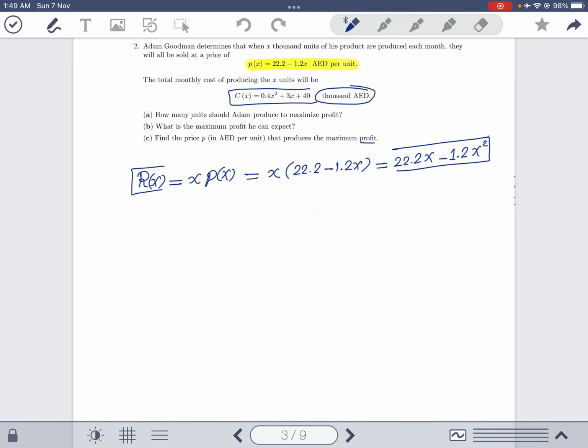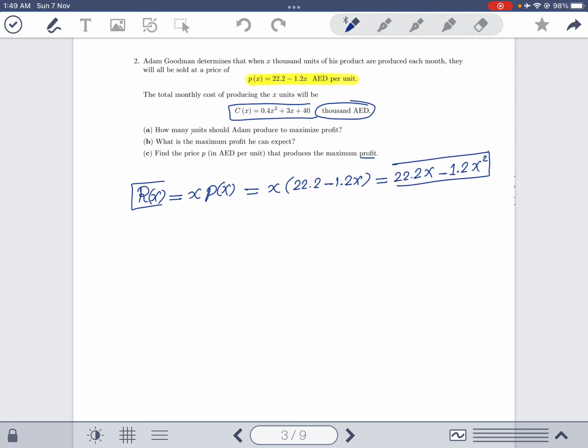So now that's the revenue, and they want us to maximize profit, remember? So we need to get the profit. Therefore, the total monthly profit function, let's just call it P of X, equals the revenue minus the cost.